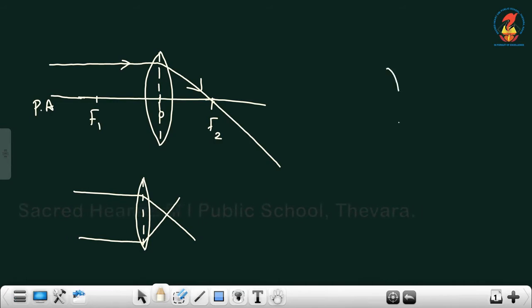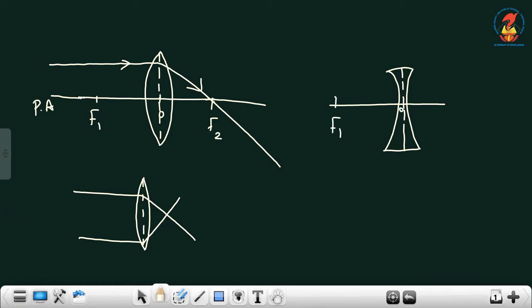Now we will draw it for a concave lens. Thin lens you need to draw. Mark the optical center. This one is F1, this one is F2.